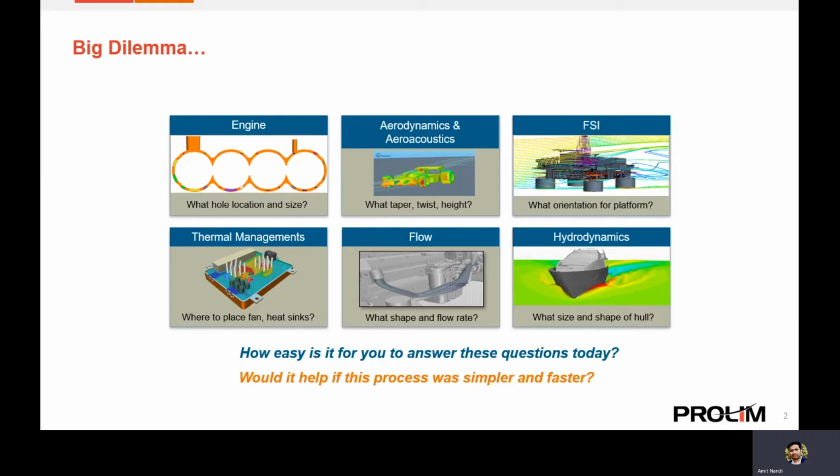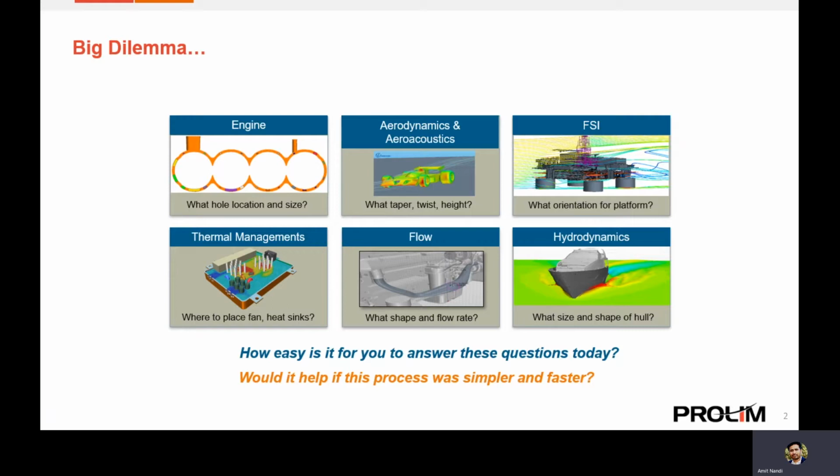If the engineer is designing the shape of a hull, he has to find the best design, right? So he'll have a question like what size and shape of hull I have to consider for better hydrodynamic performance of the ship. So these are the typical questions which our engineers have in their day-to-day life.